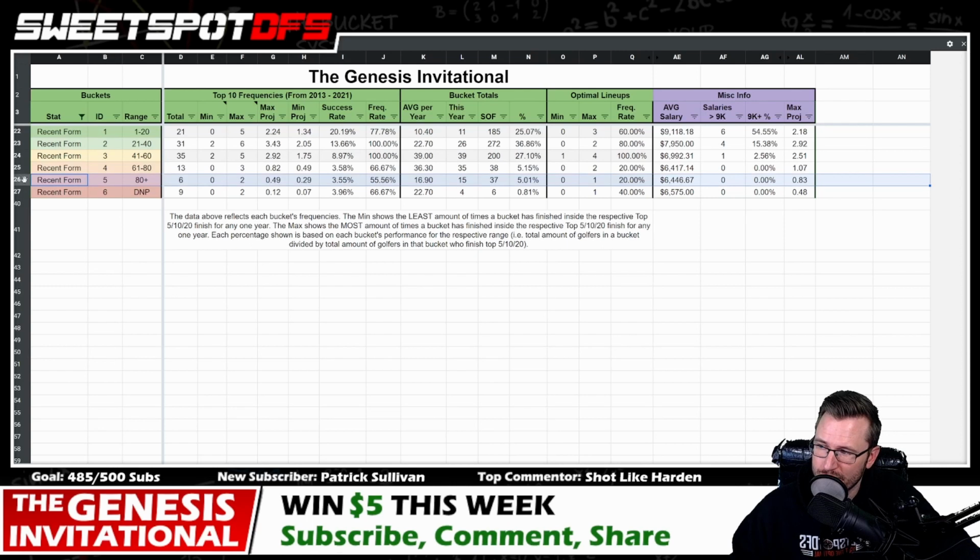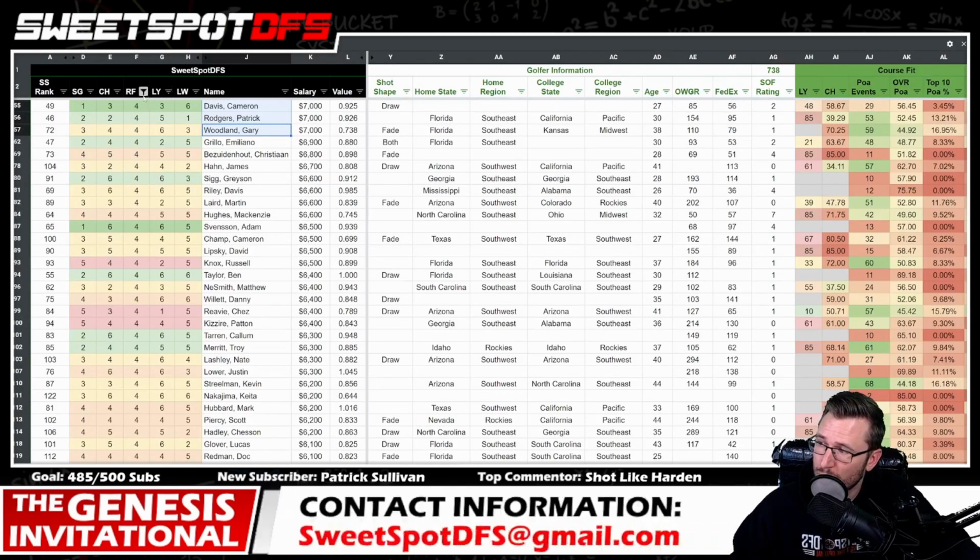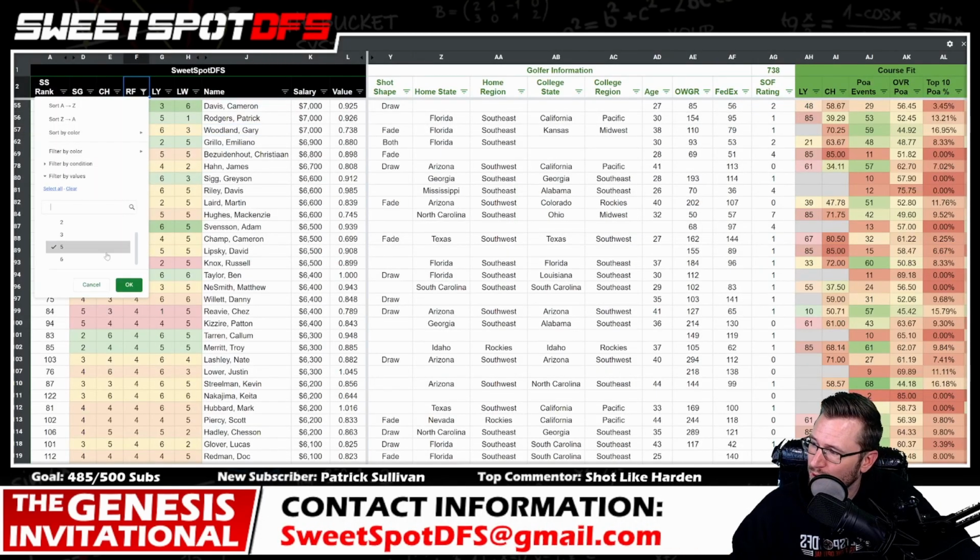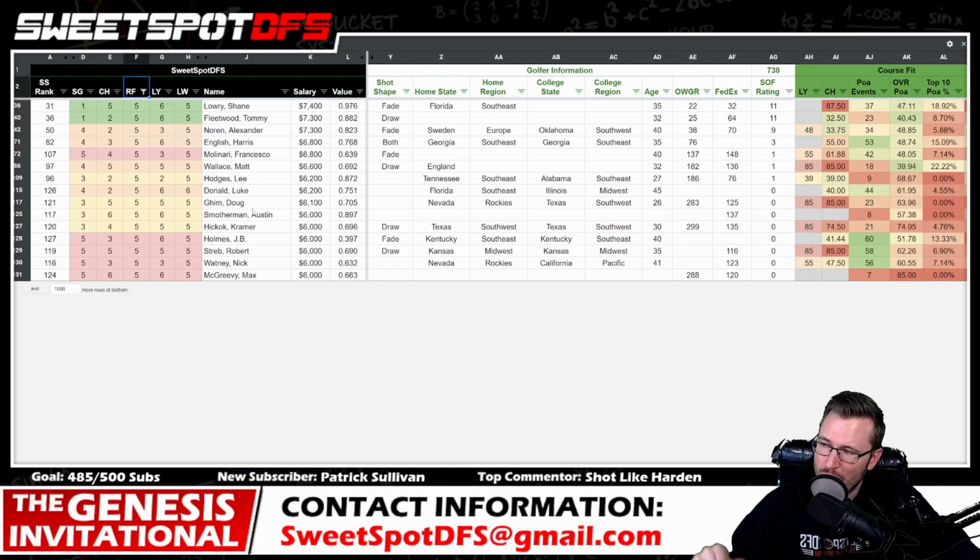Recent form 5s, 0 to 2 here as well. Not a high frequency rate of being inside the top 10 or the optimal lineup, so I'm sure we'll skip right past this one as well. Shane Lowry, Tommy Fleetwood, Alex Noren, Harris English. Yeah, we can skip past this one. Lowry and Fleetwood are in my top 40.